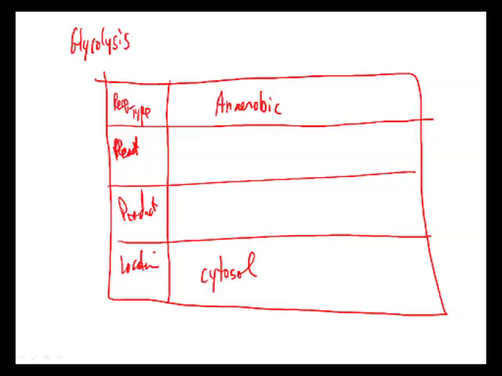So what do we need for glycolysis to occur? Well, obviously we need glucose. We need NAD. We're going to need some inorganic phosphates, which is abbreviated P sub I. It's an inorganic phosphate.